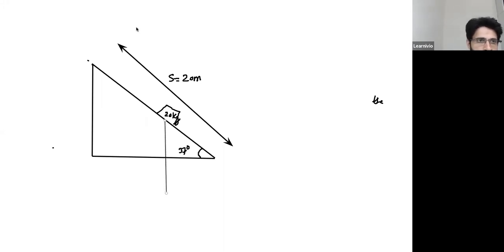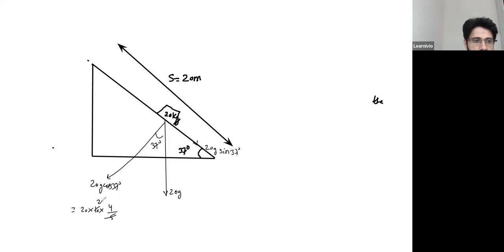So the mass is 20 kg, so its weight is 20g. If this is 37, then this will be 37. In this direction, the component is 20g cos 37, and along this direction, this is 20g sin 37. So 20g cos 37 is 20 into 10, cos 37 is 4 by 5, so it's 160.